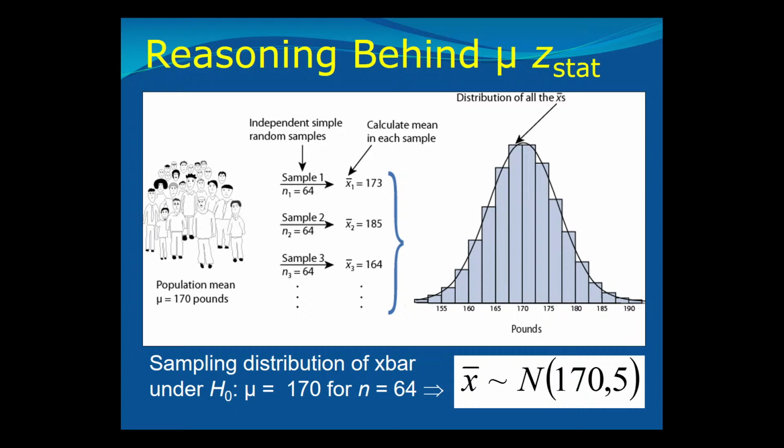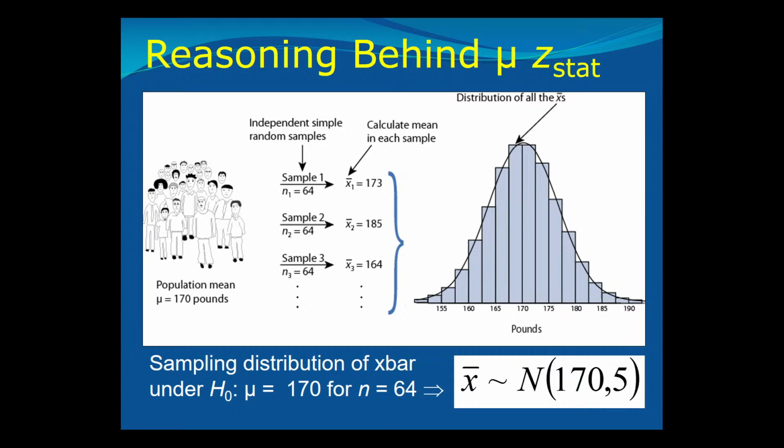We calculate the mean in each sample, and for example we get a mean body weight of 173. For the next sample we get a sample mean of 185 pounds. For the next sample with the same sample size of 64 persons, we get a mean weight of 174, and so on.